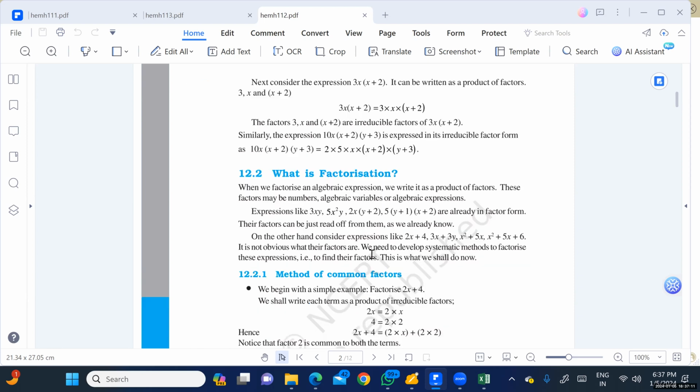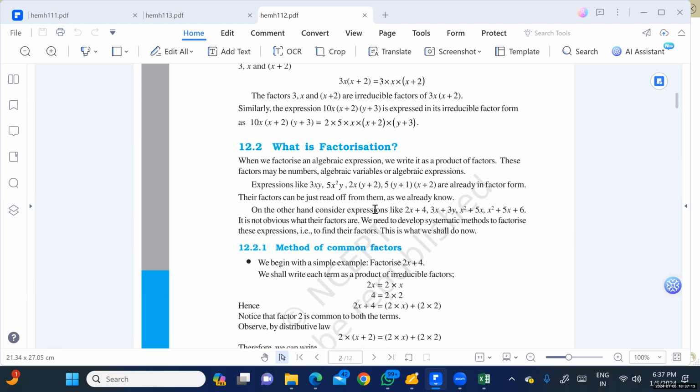Now, what is factorization? Let's understand this. We now understand what factors are: the broken pieces of a number broken into different objects.